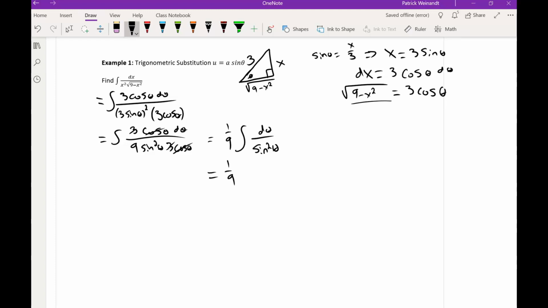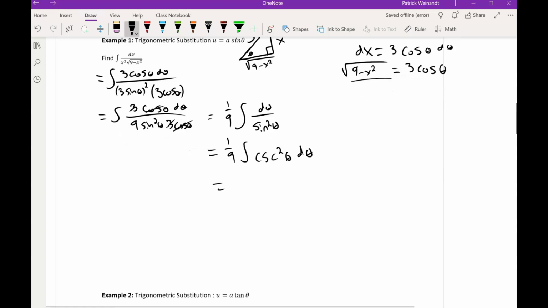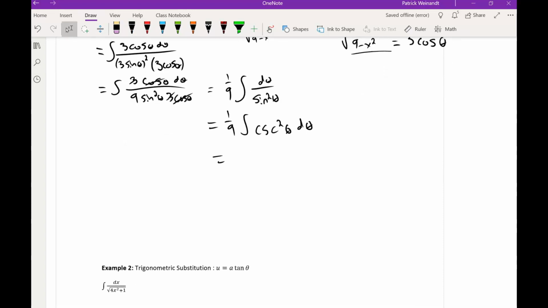So this is 1/9 times the integral of cosecant squared theta d theta. Okay, and we can actually do that antiderivative. We know that the antiderivative of cosecant squared theta is just negative cotangent of theta. So we're going to have, well, negative, and then we have that 1/9 up front. So negative 1/9 cotangent of theta plus c, because it's an indefinite integral.